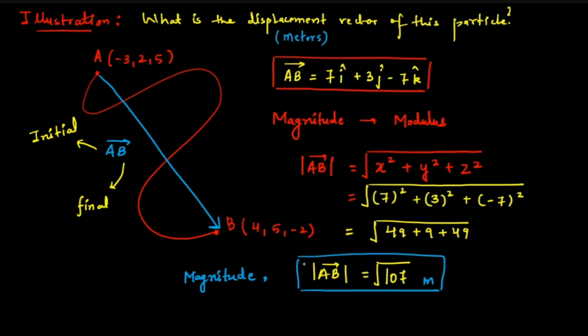All right. Now, the most important part is direction, that is, how we are actually going to represent the direction. As I told you, the direction is something which is represented by cap.